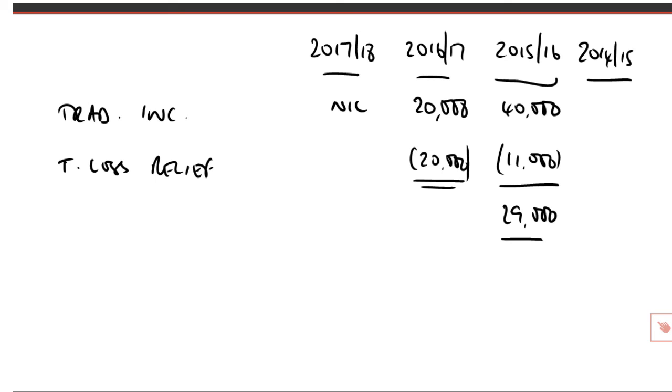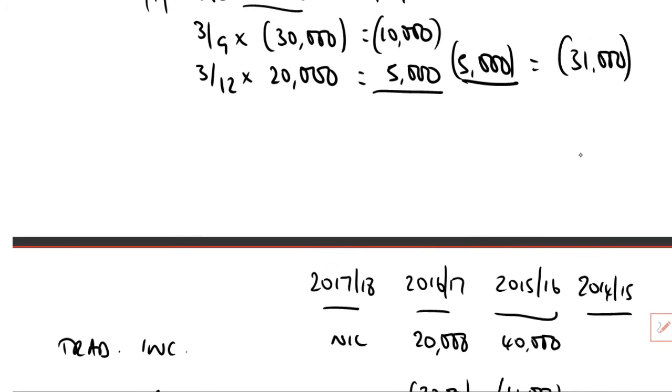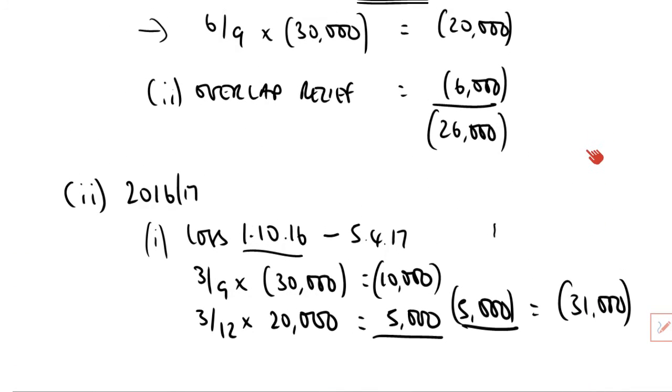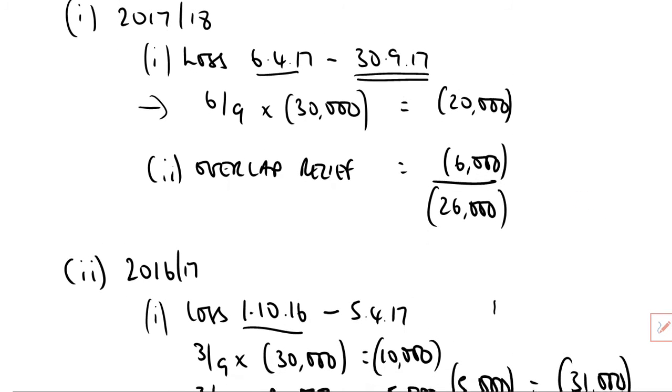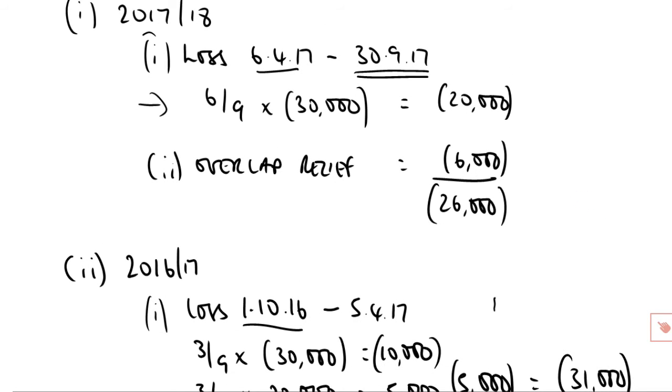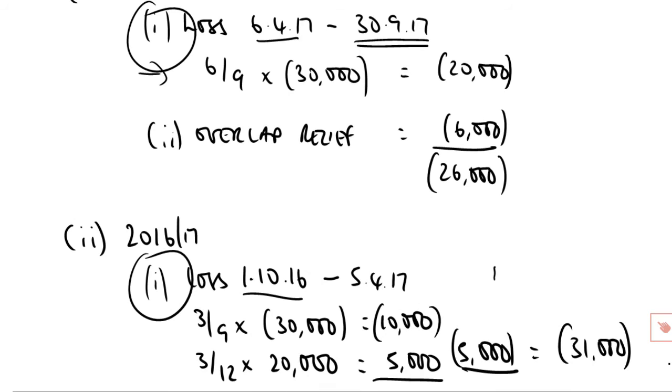One final point just to take you through, as mentioned in the note. It said that in your calculation of terminal loss, if either this figure of loss or this figure of loss there, computed in either point 1 or point 2, were to be a profit, then it would be treated as nil for purposes of your terminal loss claim.